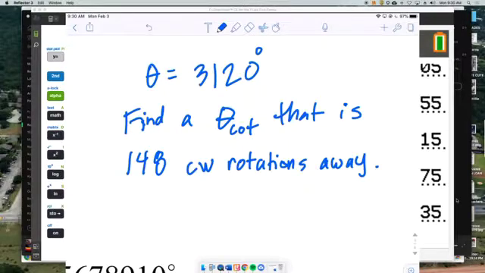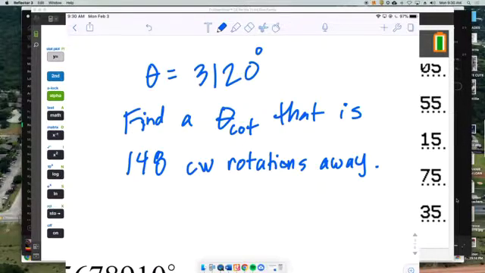Is anyone typing in 3120 and then just going plus or minus 360, plus or minus 360, 148 times? What if you're at 130 and you're almost there and then you lose count? You're like, oh crap, was that 131 or 128? Dang, I have to do it all over again. So we don't want to do it that way.